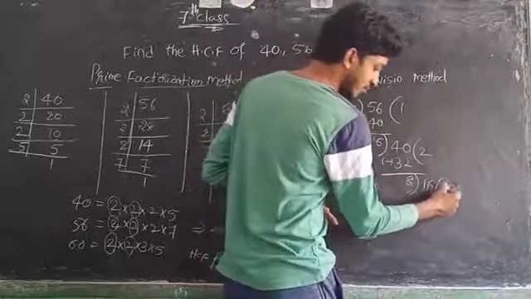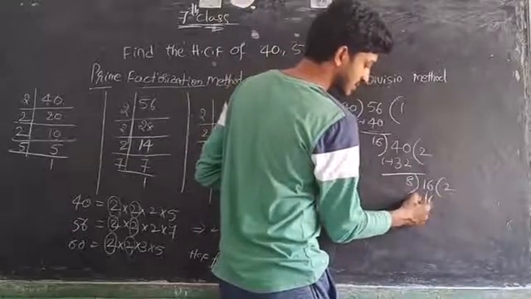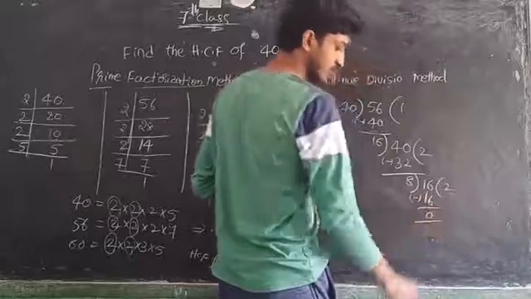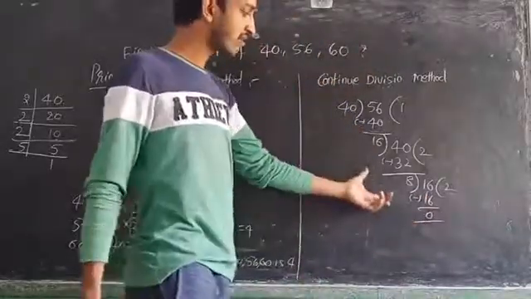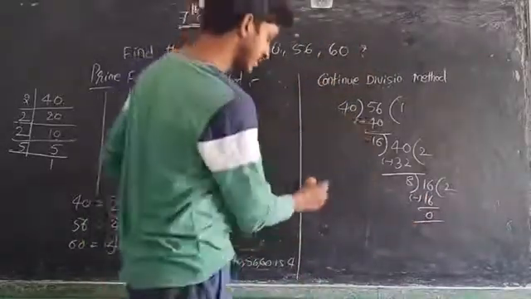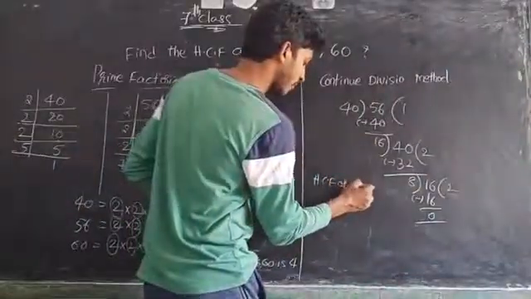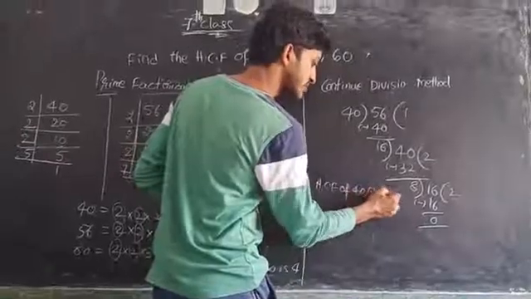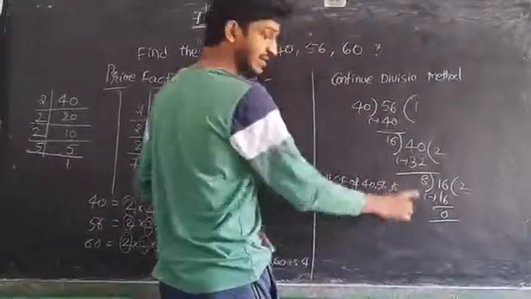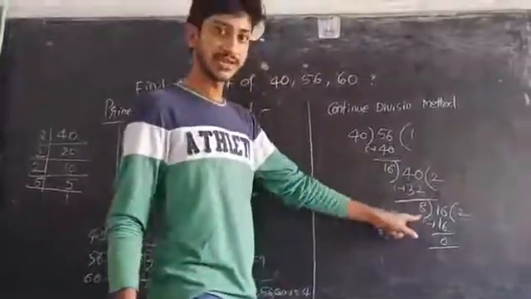How many times now? 2 times. 2 8s are 16. 16 minus 16 is 0. So what is the HCF of 40 and 56? The HCF of 40 and 56 is 8, because 8 is the last divisor.